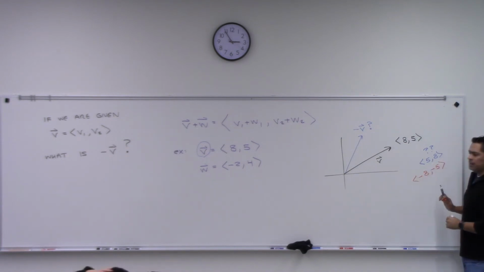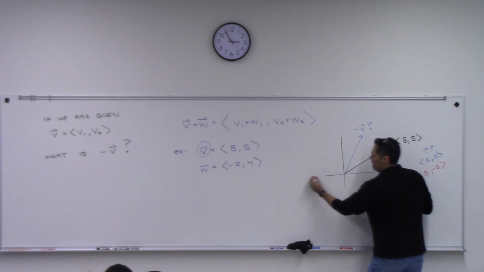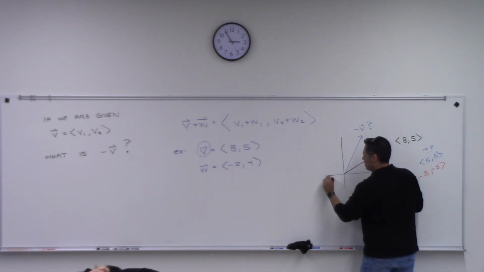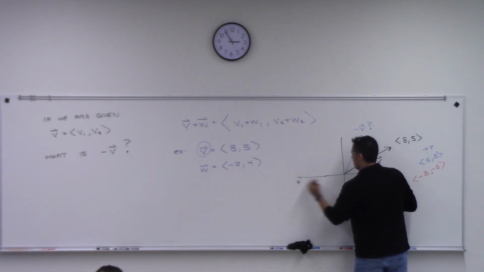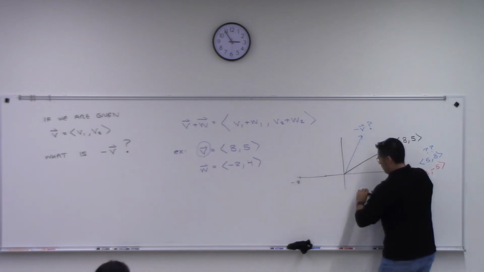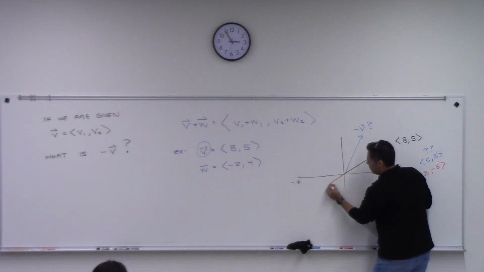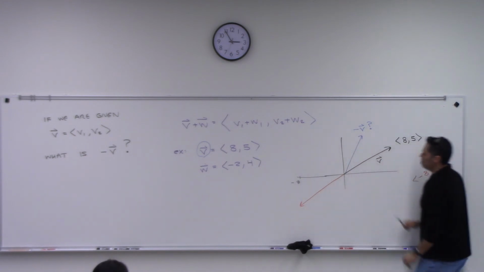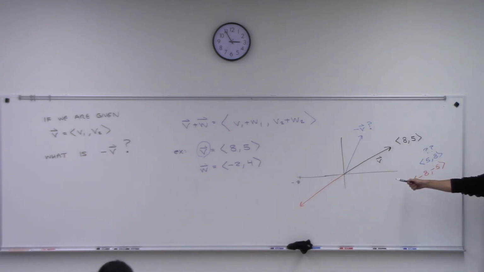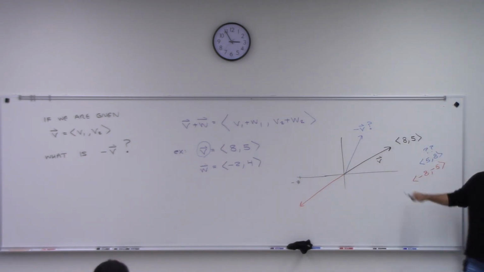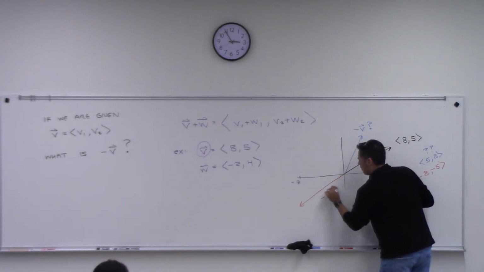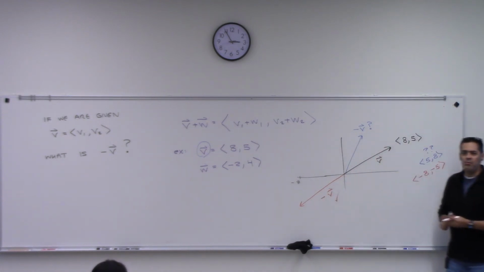Where would that be? That would be to the left 8, and then down 5. Wouldn't it be that same vector, but pointing that way? Does that make sense that that would be negative v? Do you like that idea? That is correct. That is what negative v is.